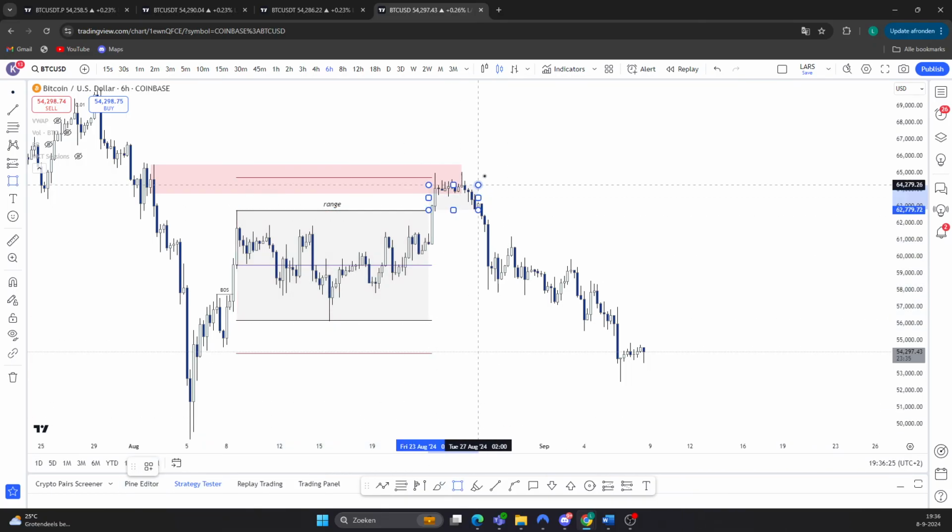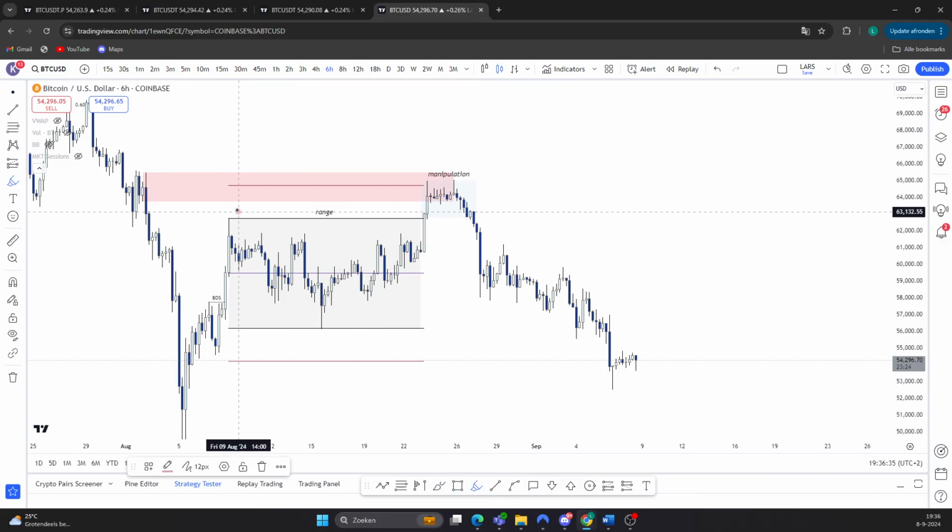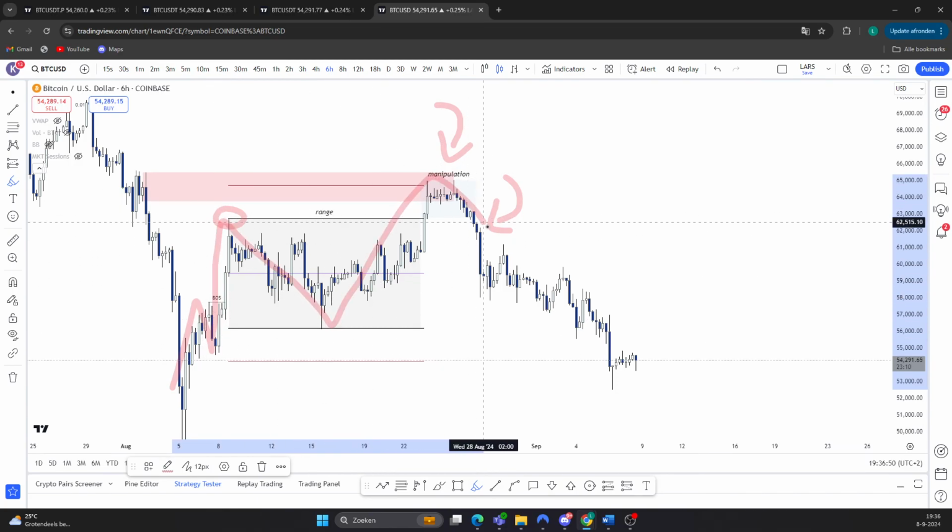This right here is simply a deviation and our manipulation above the range high, giving the market maker the opportunity to fill his short positions because we came above that range high, which was buy-side liquidity, right? At the same time, people try to long the breakout and long the higher low right here, thinking it's going to do higher low and higher high. That's what people try to do, which will cause extra fuel to the fire.